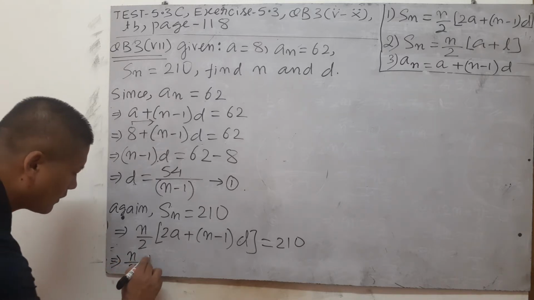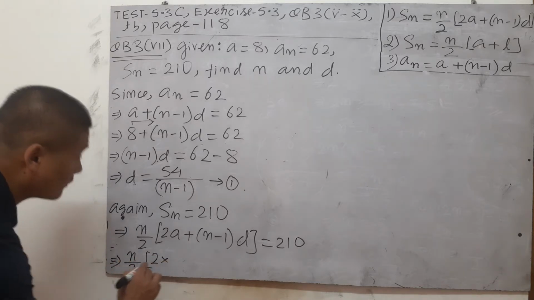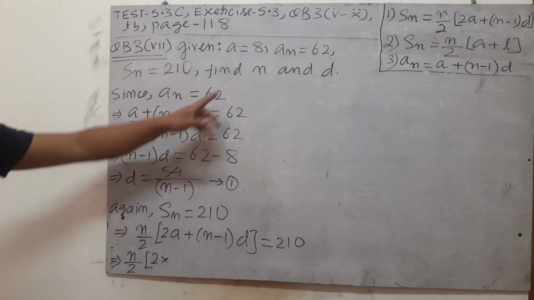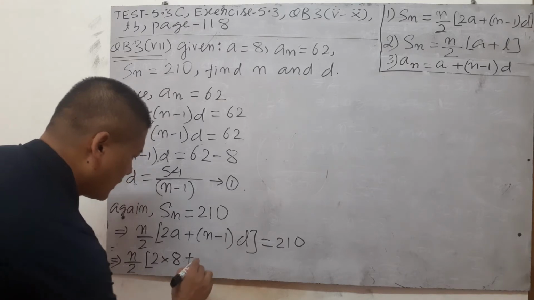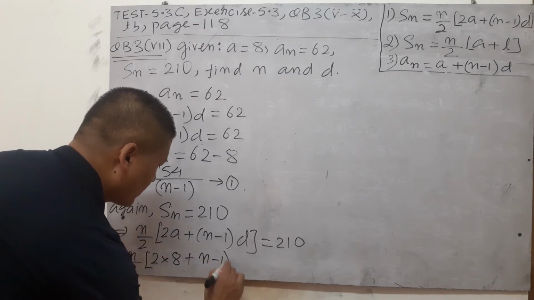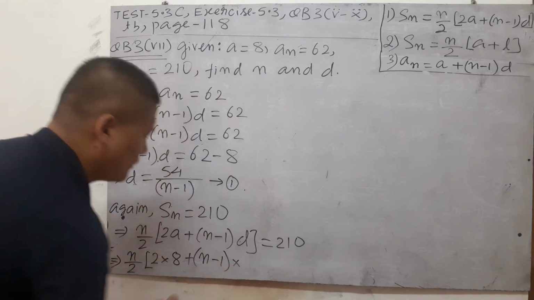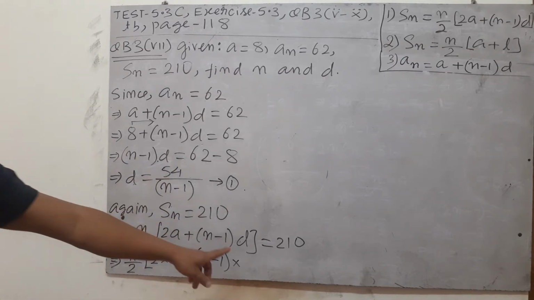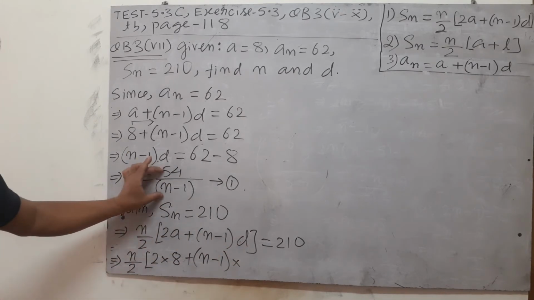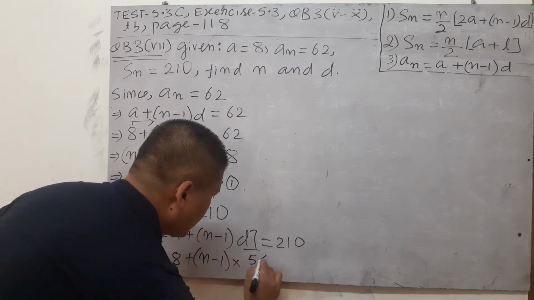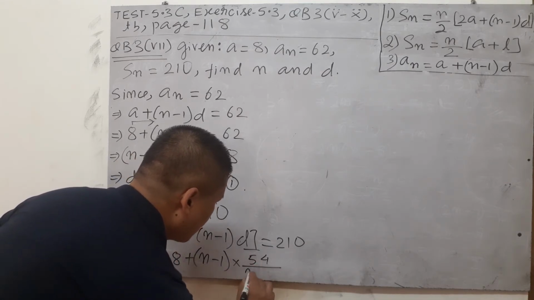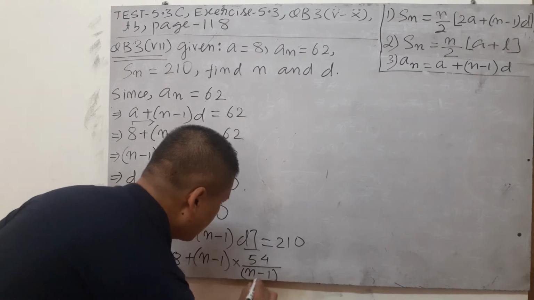So n by 2 into 2 into a, which is given here, 8, plus n minus 1 into d. This d value can be replaced by this one, so you can write down 54 by n minus 1.